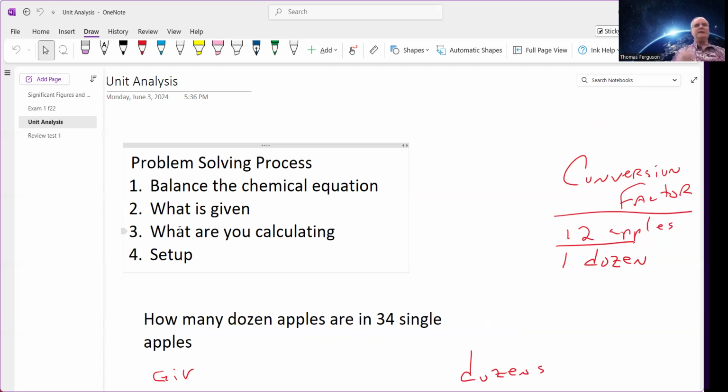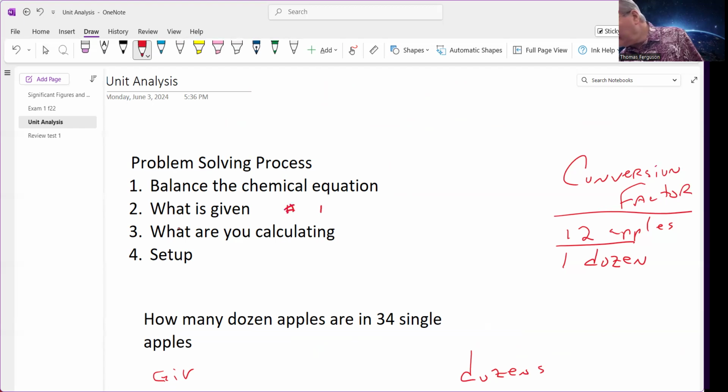What you're trying to calculate is only a unit. So when you're going through the setup, look for the number plus a unit. What are you trying to calculate? That's going to be a bare unit with no number.